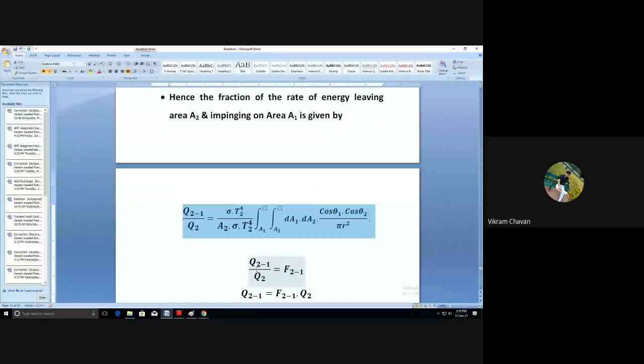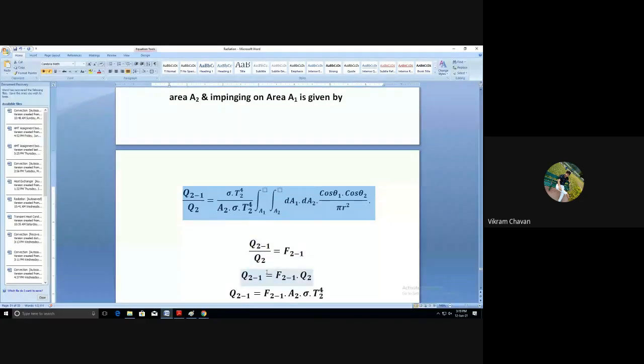Once again, this fraction, the ratio Q2 to 1 to Q2, is nothing but F2 to 1.